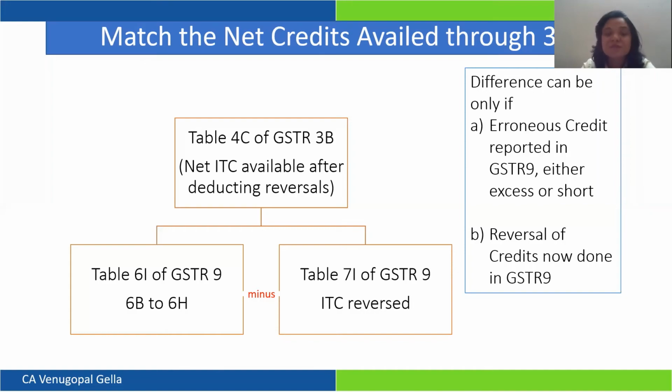That is, difference between 7J and 4C can be justified if there is any additional reversal that is shown in GSTR-9, which is paid through DRC-03. I'm sure a chapter over what is the payment that can be done using DRC-03 is already discussed in one of the other videos. So that can be looked at over there.